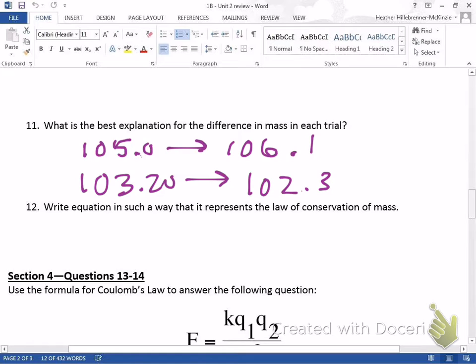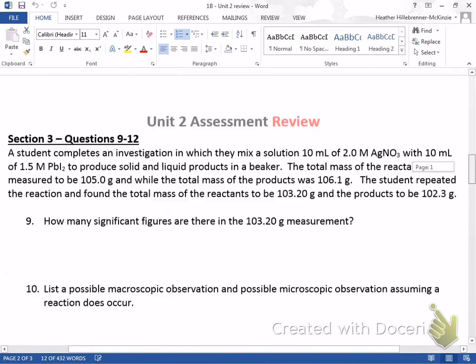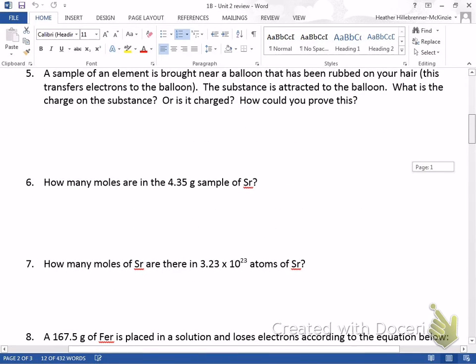Write an equation in such a way that it represents the law of conservation of mass. So in this case, if we were writing this type of equation, what could we do? Like the ones I have written down there for 11. Well, let's just go up and look at the problem.